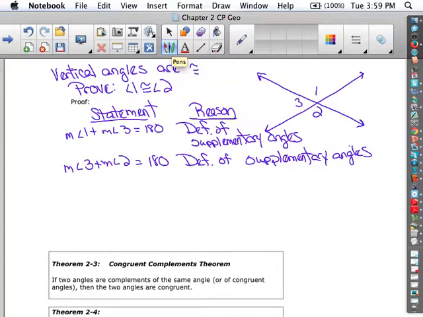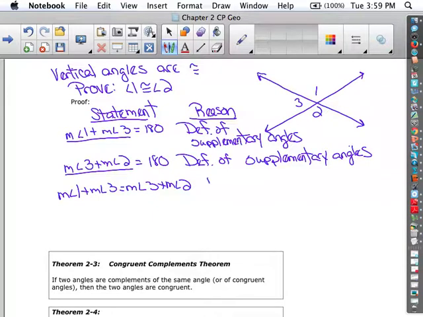So from here, I can say that the measure of angle 1 plus the measure of angle 3 is equal to the measure of angle 3 plus the measure of angle 2. And I can use one of two properties.